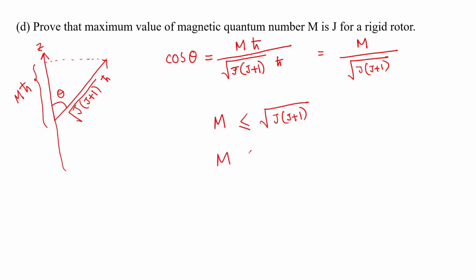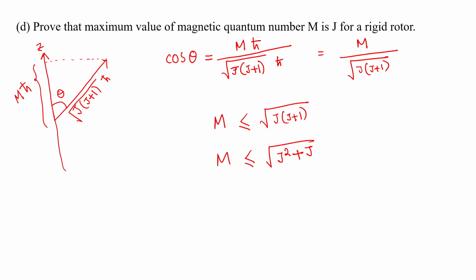So if I write it in terms of j square plus j, now you see that for j equals to 0, this is possible. m can be equal to 0, like that.